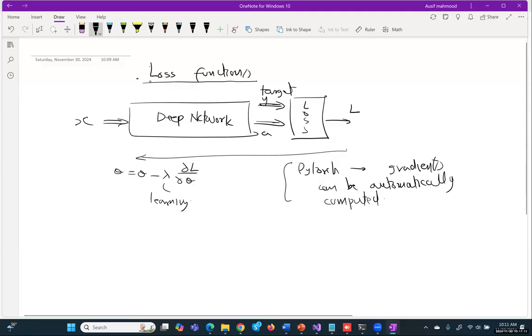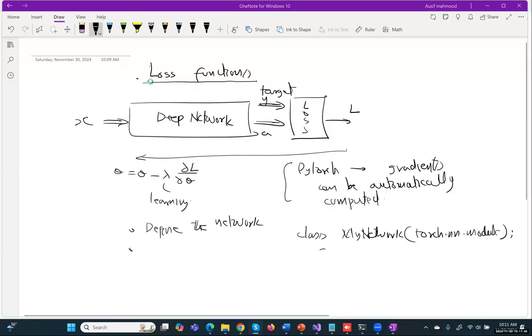So typically, we as a programmer, if we are programming a deep network, what we will do is we'll define the network, what building blocks it needs, okay? After we have defined the network, which will obviously be some class called my network. And as we discussed, the base class for this is torch.nn.Module.